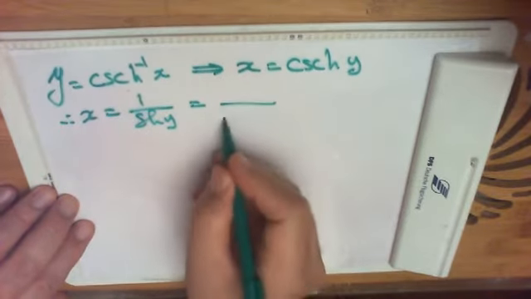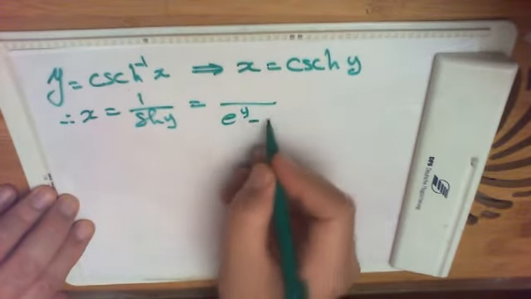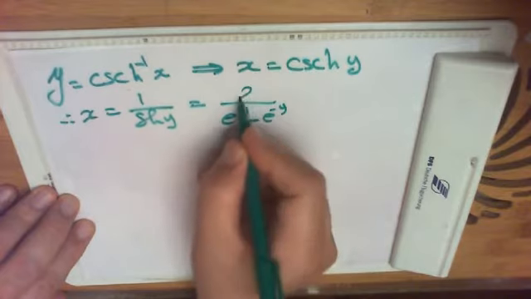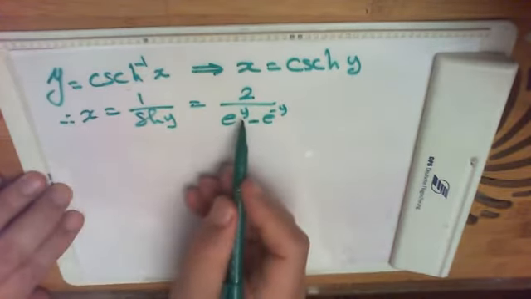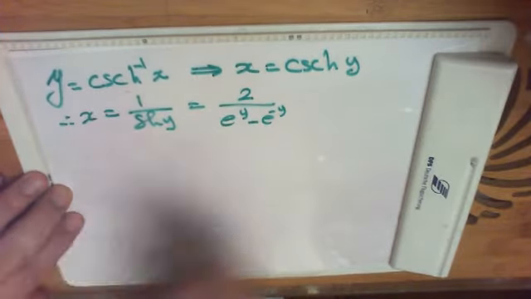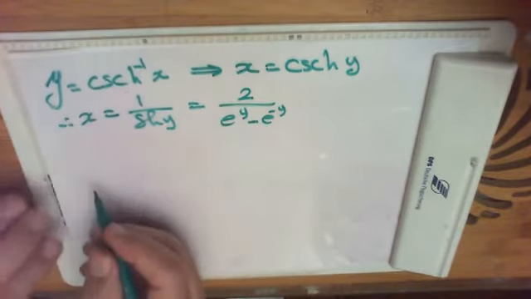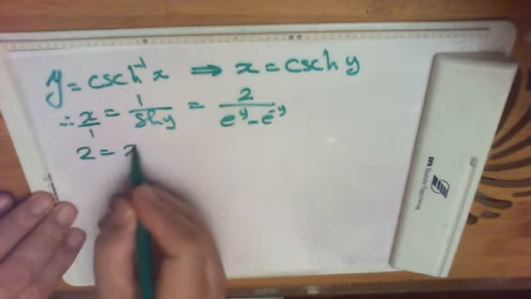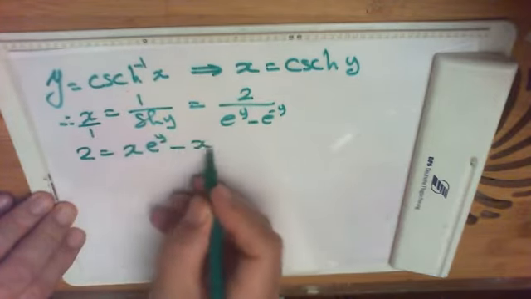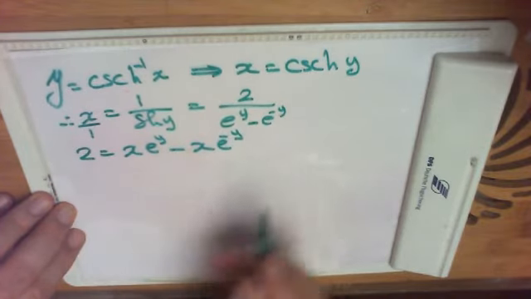Sin y is e to y minus e to minus y divided by 2. Cross-multiplying, we obtain 2 equals x e to y minus x e to minus y.